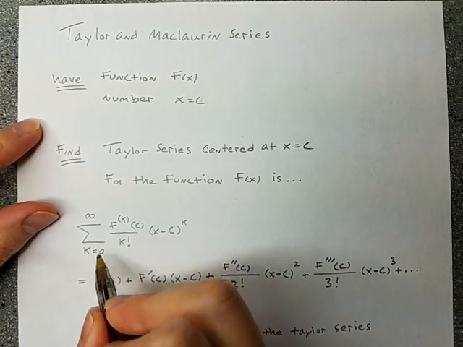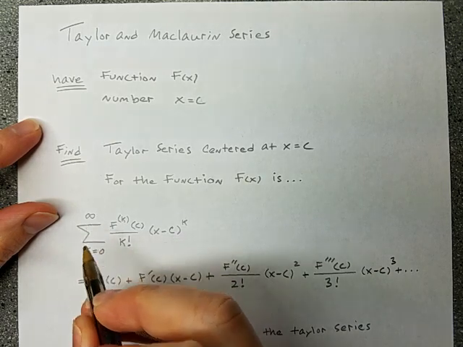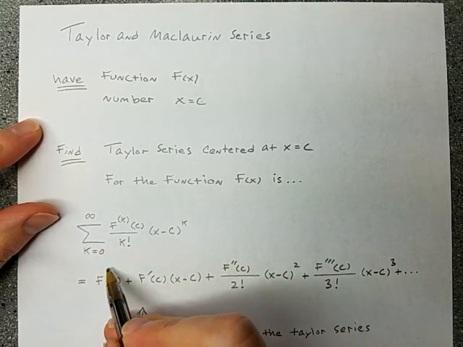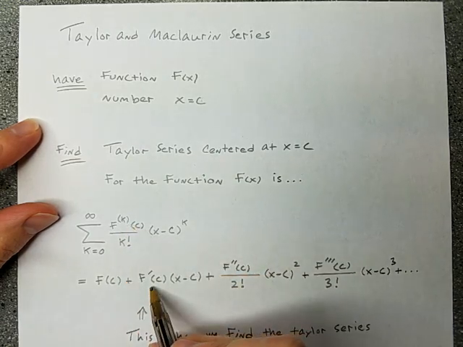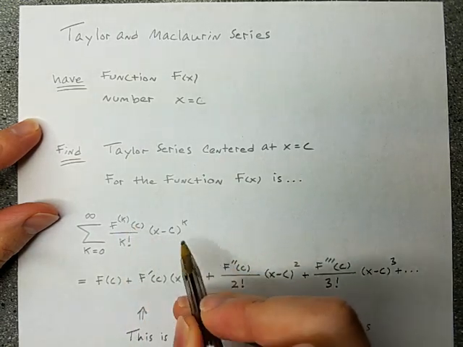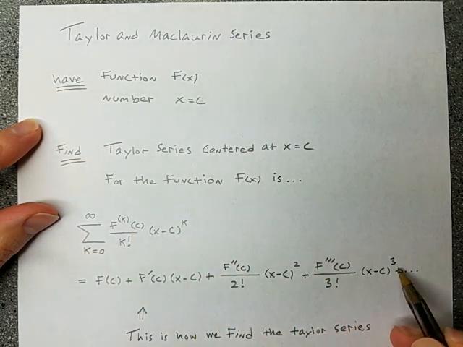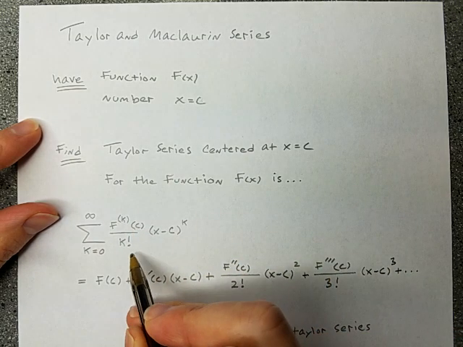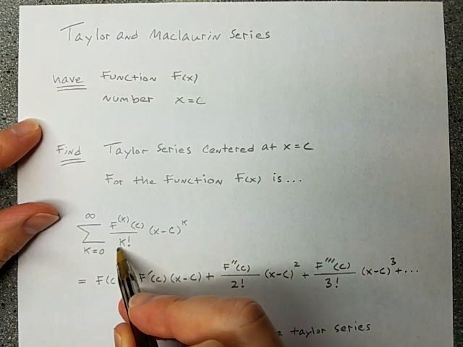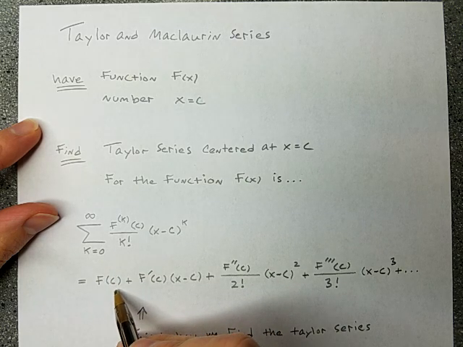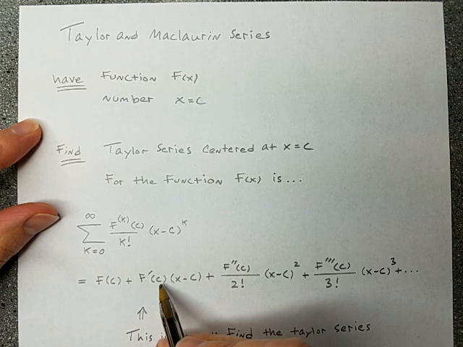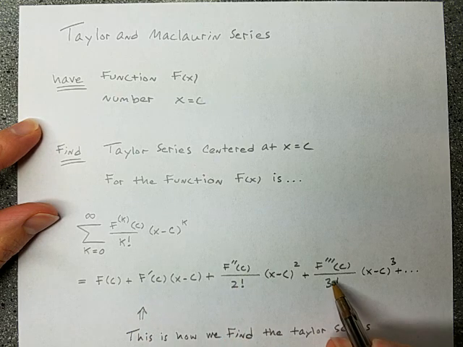Okay? So if we run from k = 0 to infinity, it's going to be the 0 derivative, which is just the function, the first derivative, the second derivative, a third derivative, and onward. And then it's going to be over 0 factorial. 0 factorial happens to be 1. 1 factorial, 2 factorial, 3 factorial.